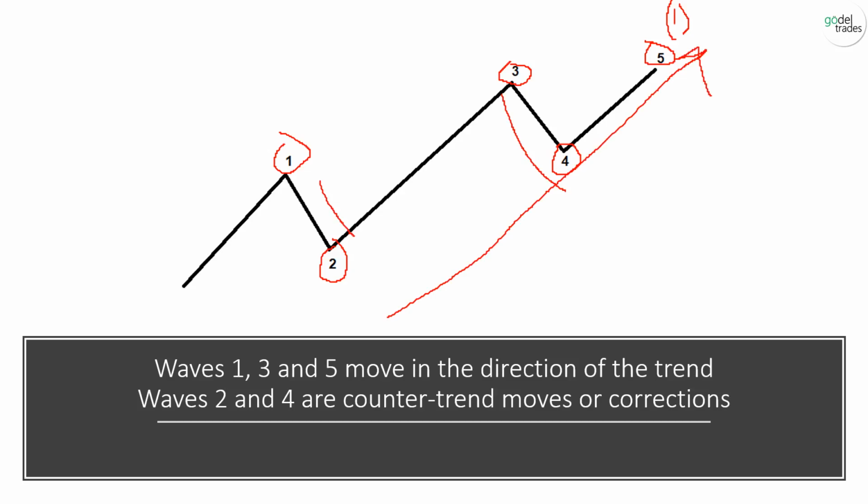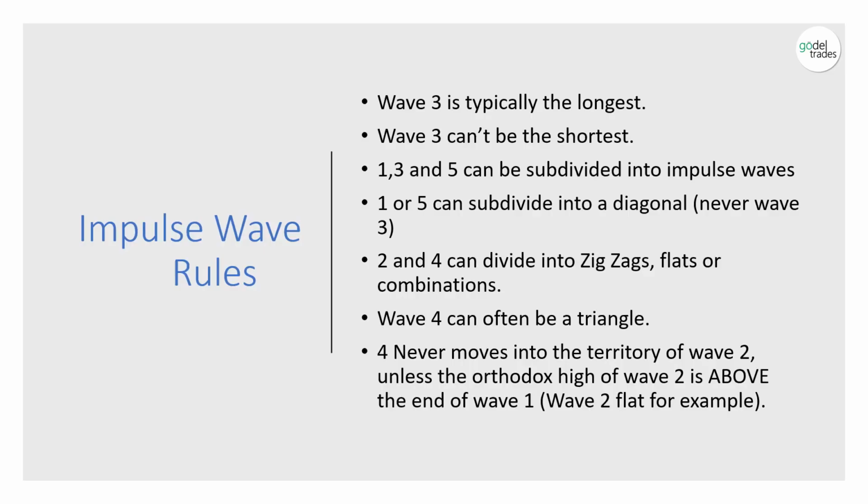This is in an advancing market. If you're in a correction or a bear market, it's going to be reversed. So you have 1, 2, 3, 4, and 5. But you still have the 5, 3, 5, 3, 5 substructure.